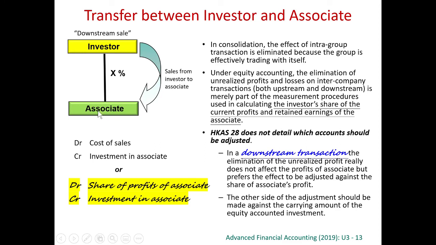And because it is the associate which has the inventory, it's the inventory of the associate that we have to adjust, so those accountants credit investment in associate. They suggest that we debit cost of sales and credit investment in associate.